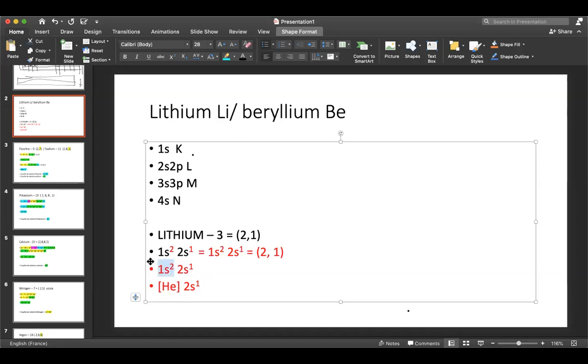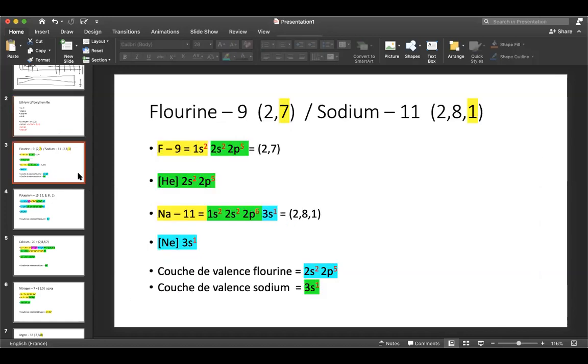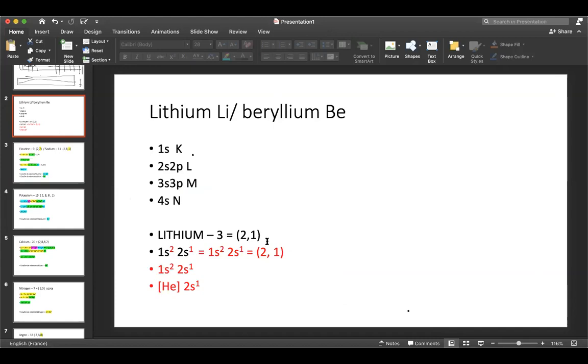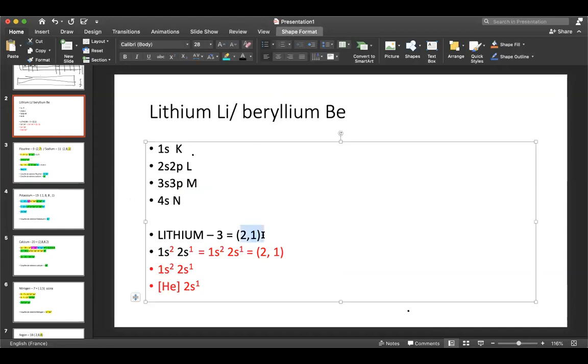They defined this noble gas to be helium, because it's only helium that has 2 electrons in the outermost shell and respects the octet rule. And I also said that the electron you're going to find at the far end for any atom, like lithium here, is what we call the valency electron.